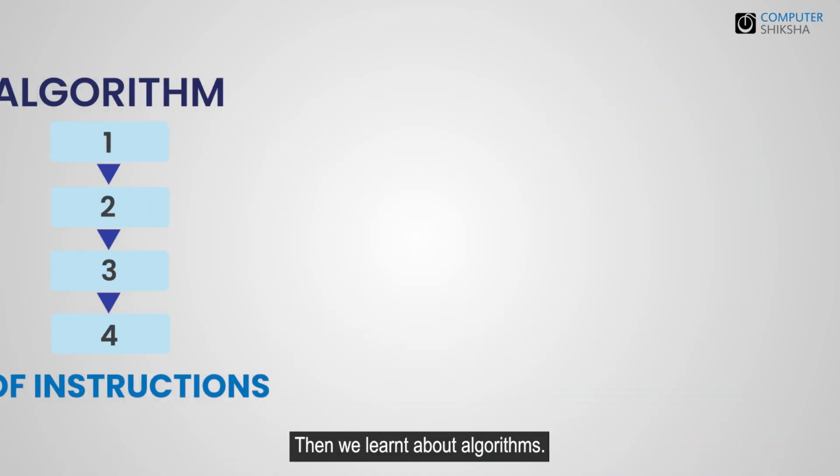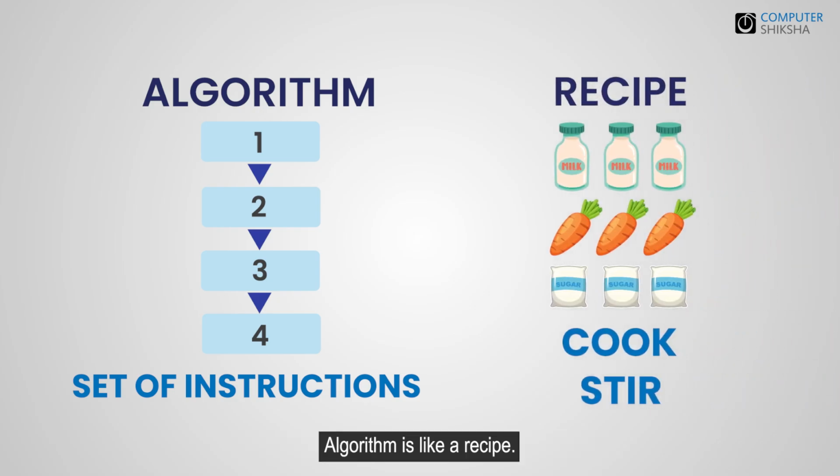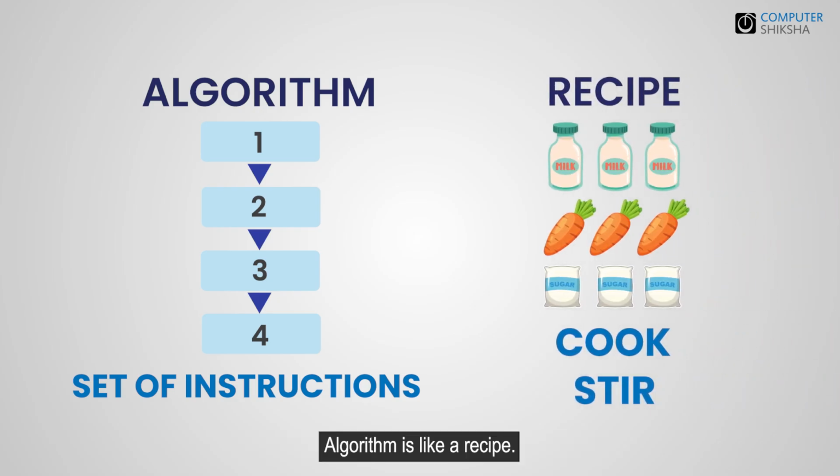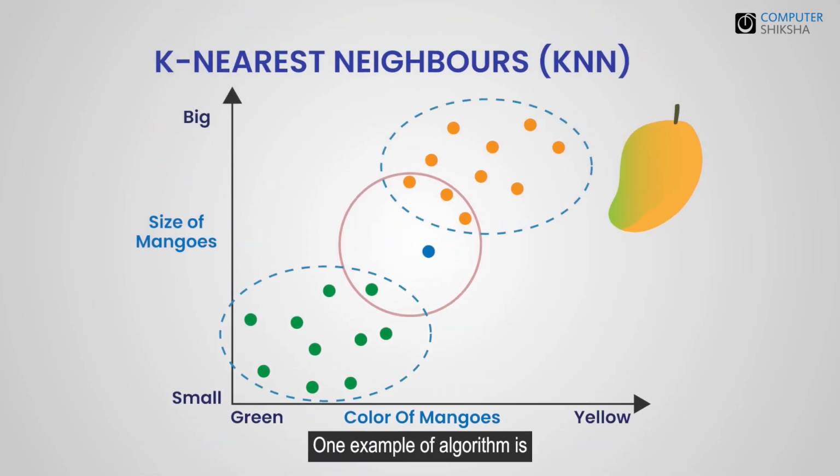Then we learnt about algorithms. An algorithm is a step-by-step set of instructions. Algorithm is like a recipe. One example of algorithm is K nearest neighbors algorithm, that is KNN, where the machine checks the nearest neighbors to make a decision.